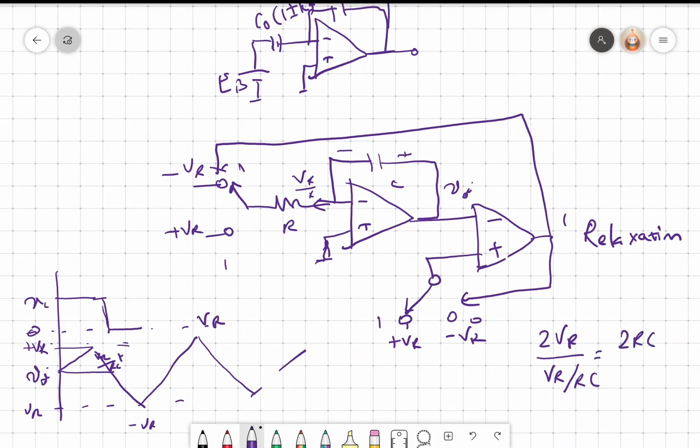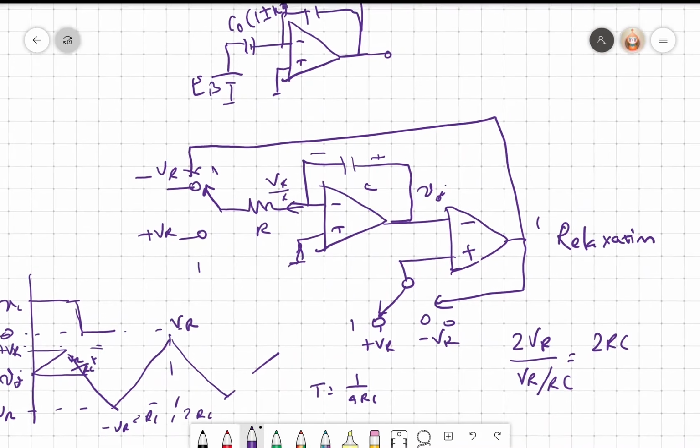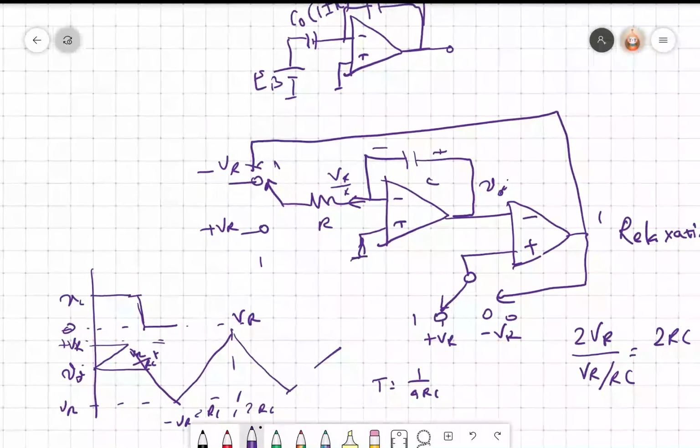So this time would be 2RC. This time will be 2RC. So I'll have total time T equal to 4RC, right? So the oscillator will work.